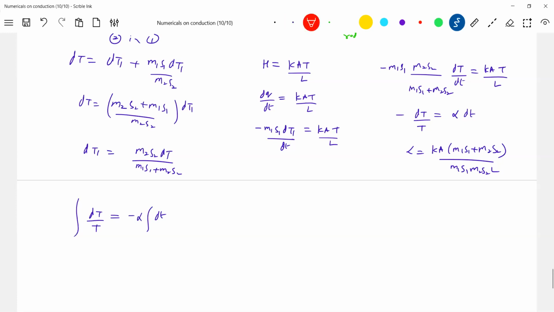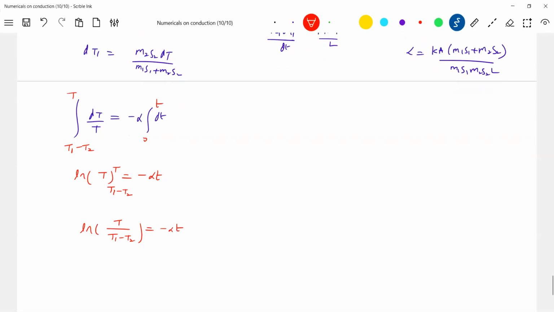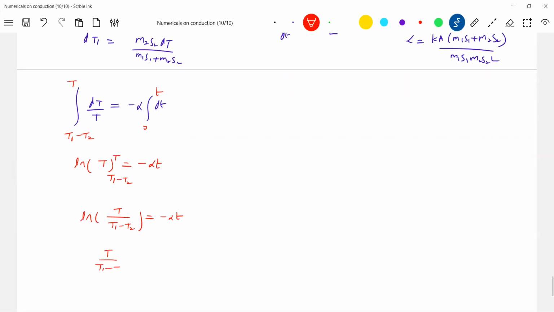What should be the limit? Initial temperature difference, how much is it? T1 minus T2. Final temperature difference is T. So this will become log of T. Sending on that side, e to the power of minus alpha t. So this is the expression.